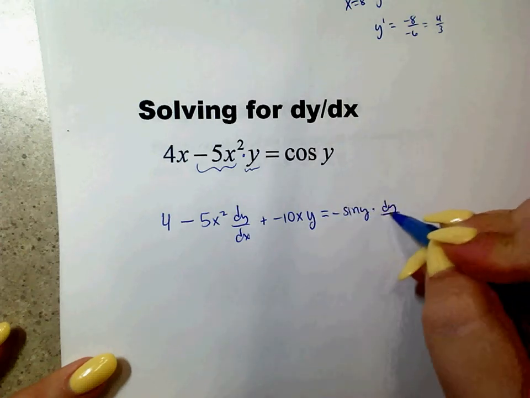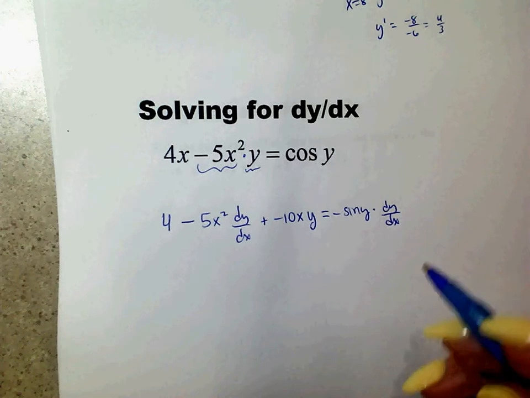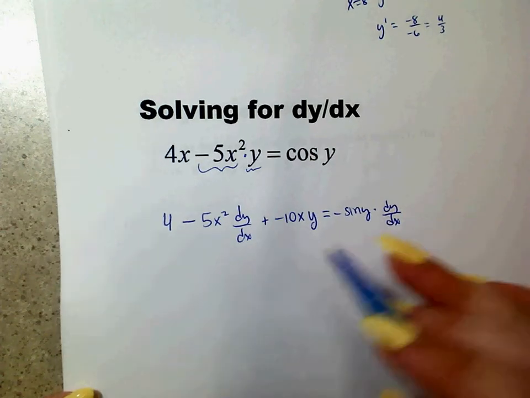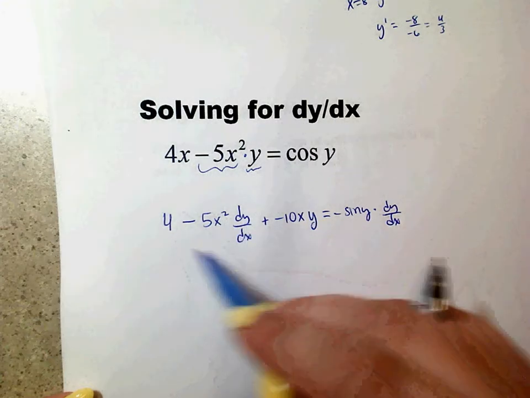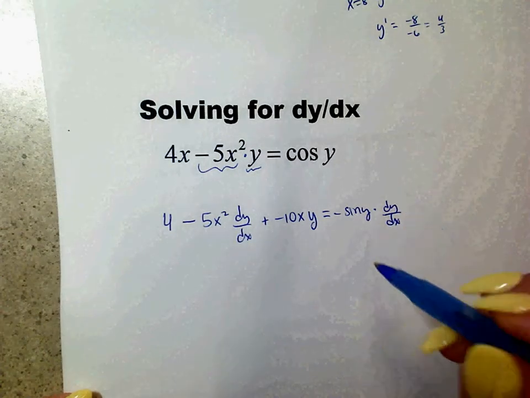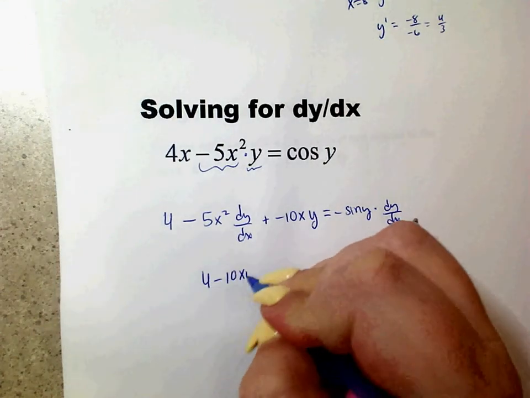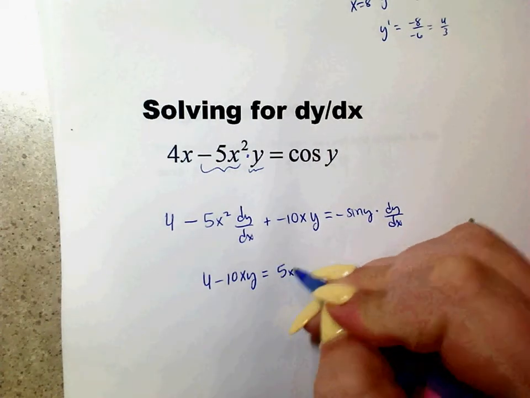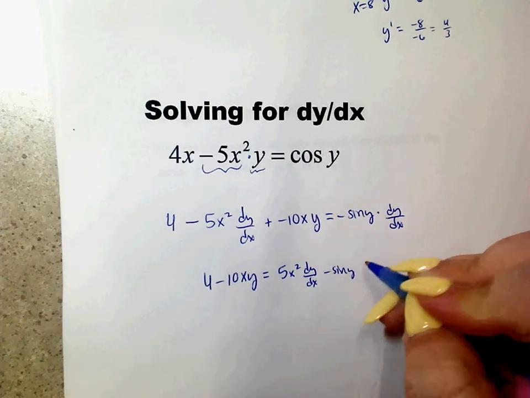Anytime you take the derivative of y, you have to tack on either dy dx or y prime. All right, I need to solve for dy dx, which means I need to get all the dy dx's on the same side. It seems easiest just to move this one over here because there's only one dy dx term over here. So I've got 4 minus 10xy equals 5x squared dy dx minus sine y dy dx.